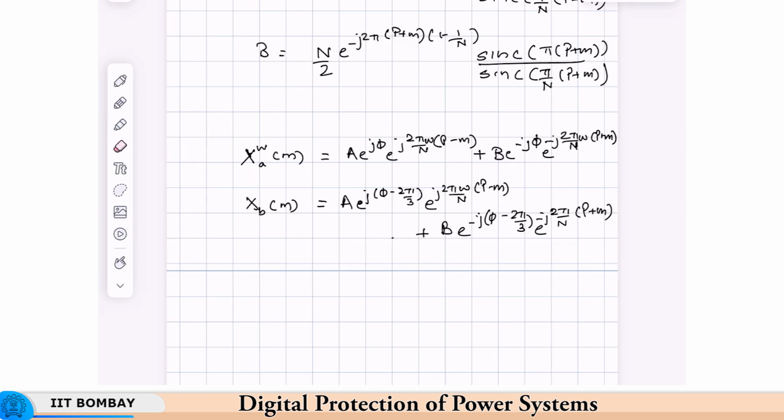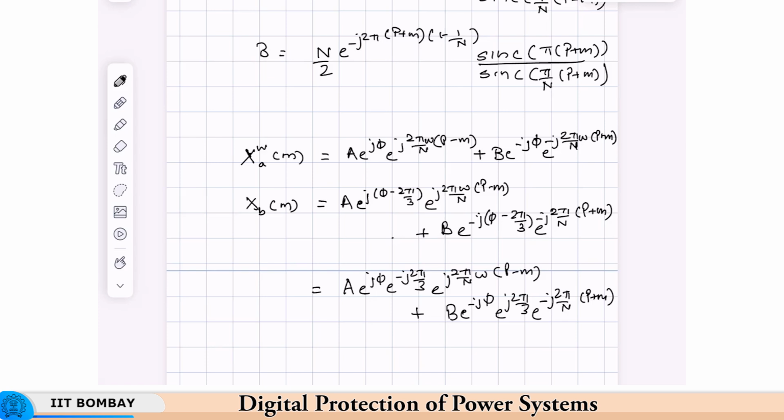We are still talking of xm of b, plus b e raised to minus, e raised to j 2 pi by 3 e raised to minus j 2 pi n 2 pi by n p plus n.